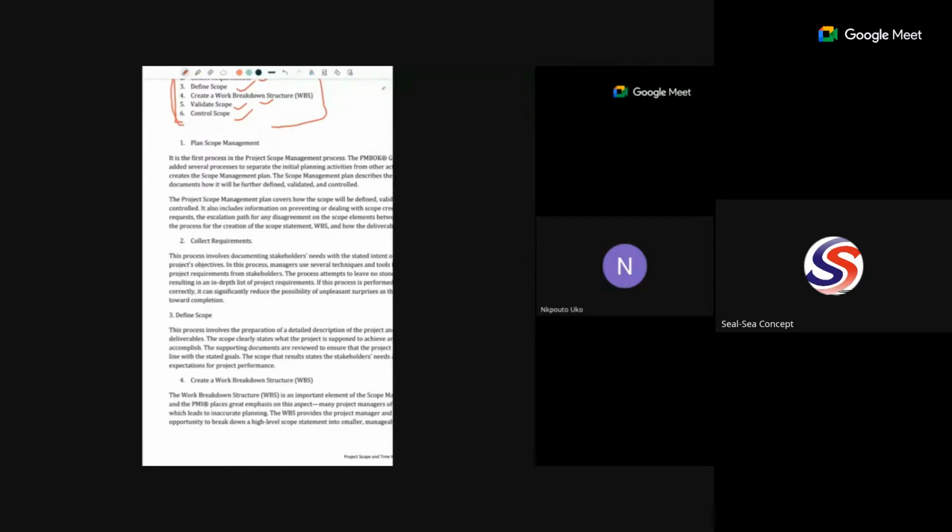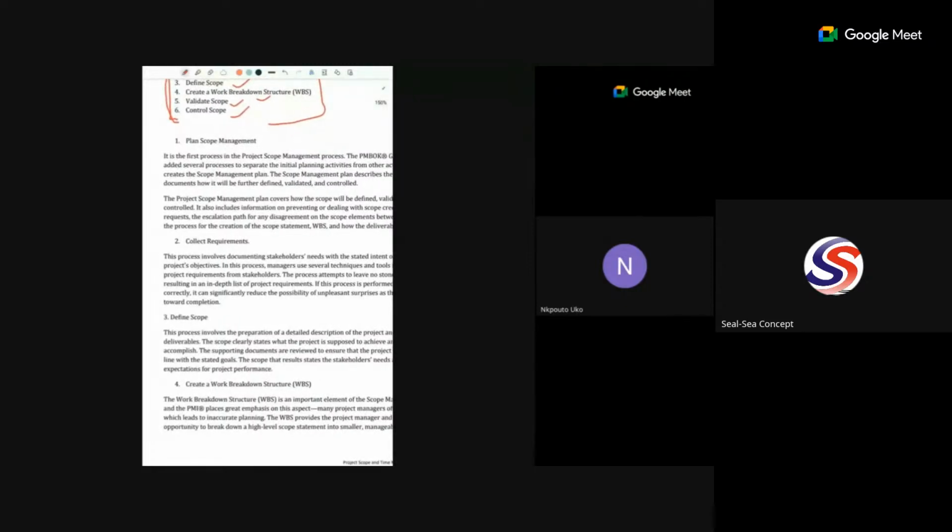The automation department will say, what kind of sensors are we going to install? Are you sure those sensors will be available in the country? Can we order for them? What do you want those sensors to do on this machine? That may be their requirement. So this is the process whereby you gather all the expectations that all the stakeholders may have on the project.